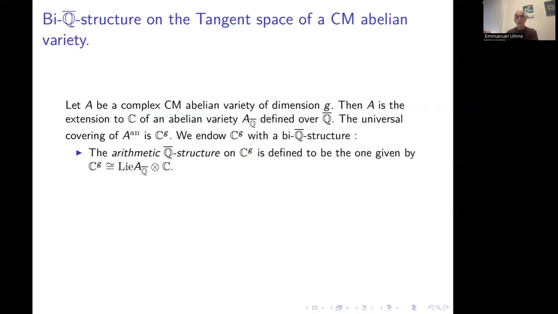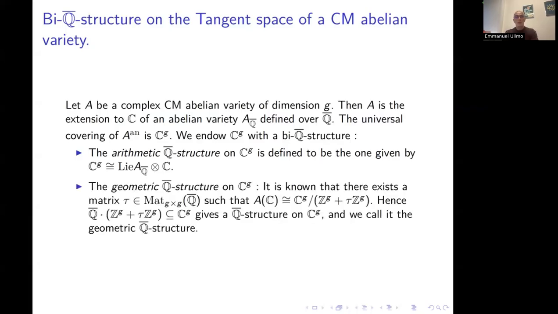The first one comes from the fact that the abelian variety is defined over Q-bar: C^g is just the extension to C of Lie A over Q-bar. I call this the arithmetic Q-bar structure.